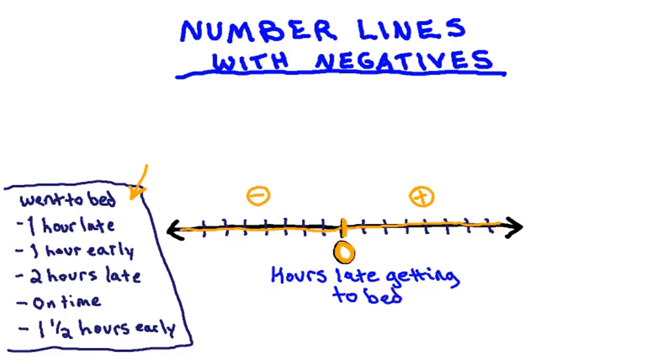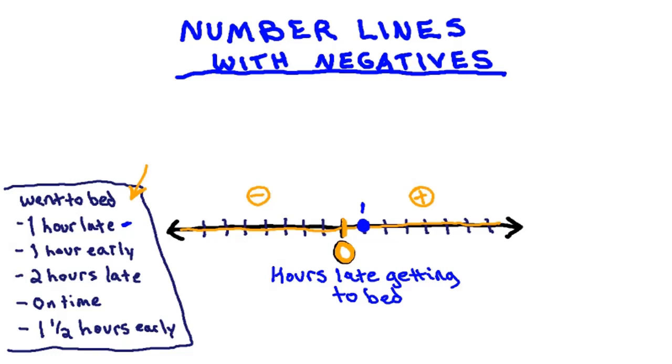So the first night, Sunday night, you went to bed 1 hour late. So that is 1 hour that's going to be on your positives, 1. So we're going to put a dot right there at the 1.